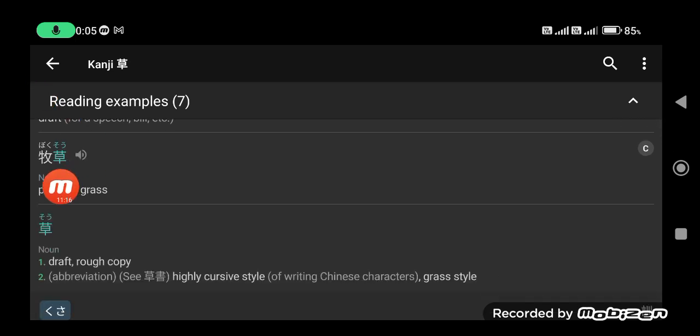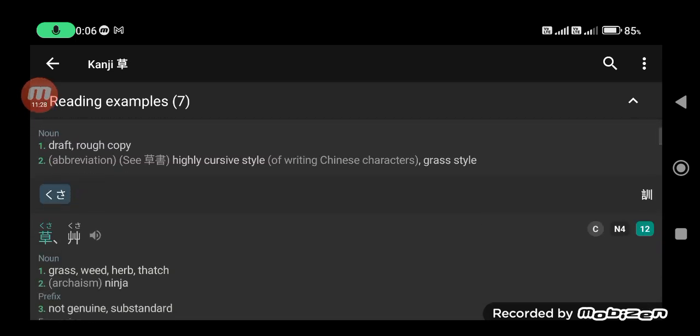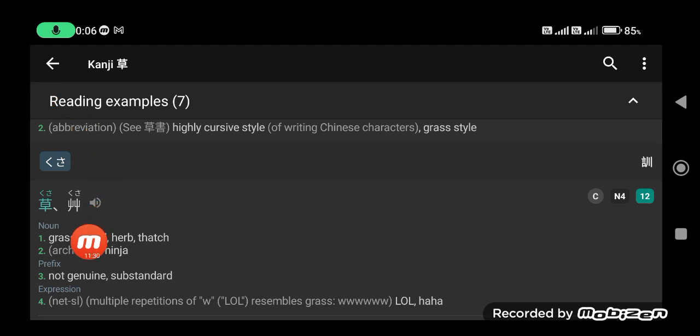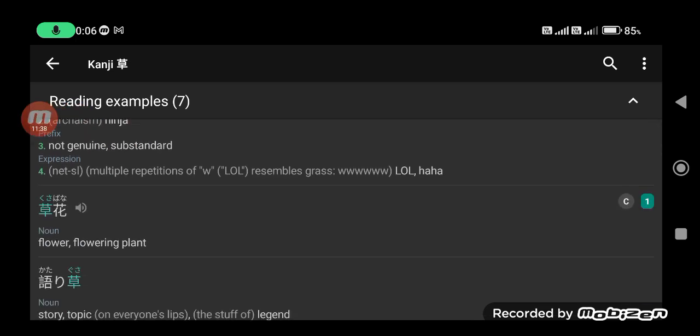How about this? Hokuso, pasture grass. So in itself is draft or rough copy. Kusa, which is the very common meaning. Kusa means grass, weeds, herbs, thatch. Okay. How about this?